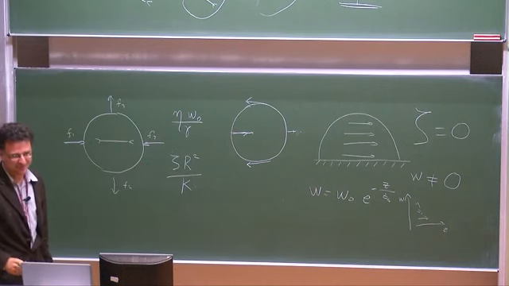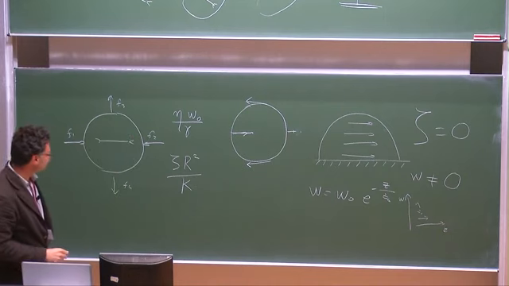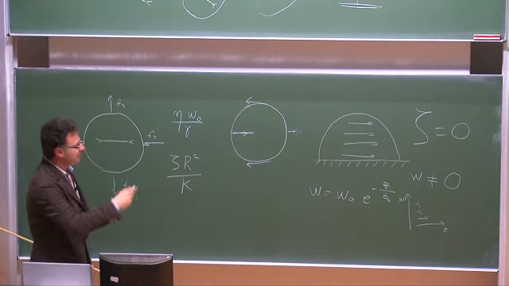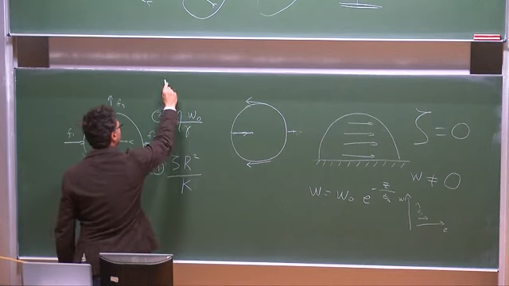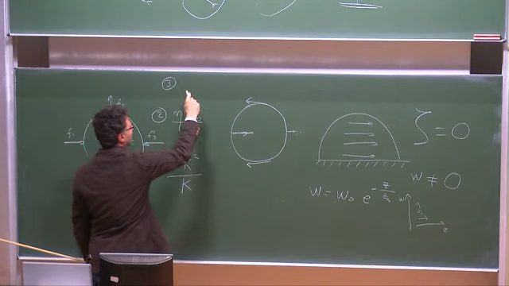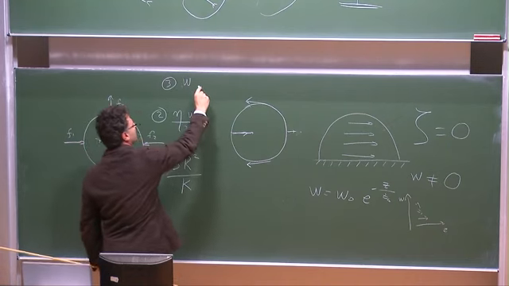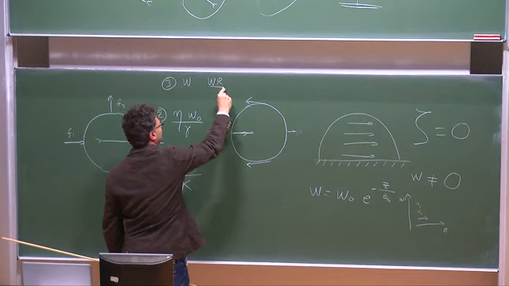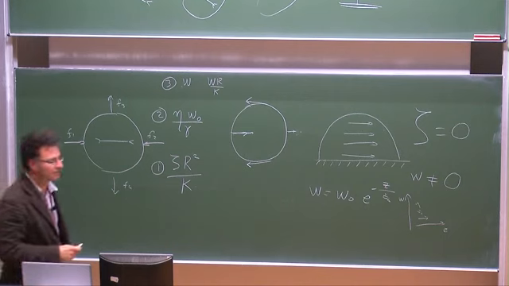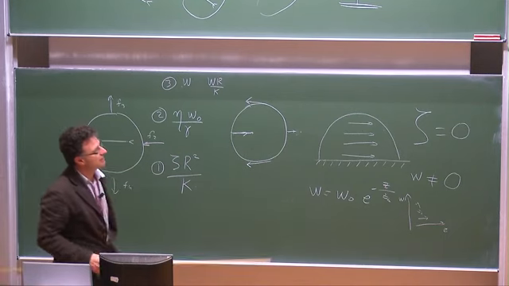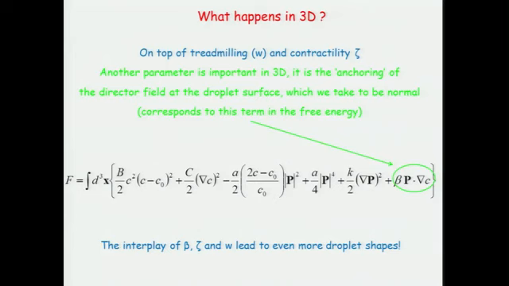This treadmill-induced one is the capillary number. And beta is the normal anchoring, and beta gives you an anchoring W, which then gives you a dimensionless anchoring that we are all familiar with from liquid crystals. So these are the 3 parameters.